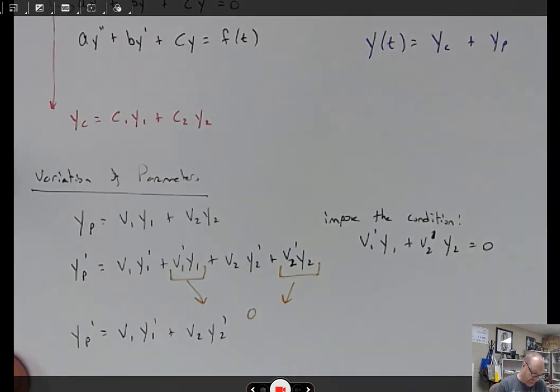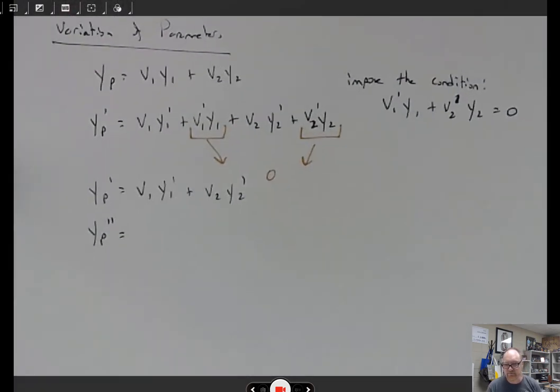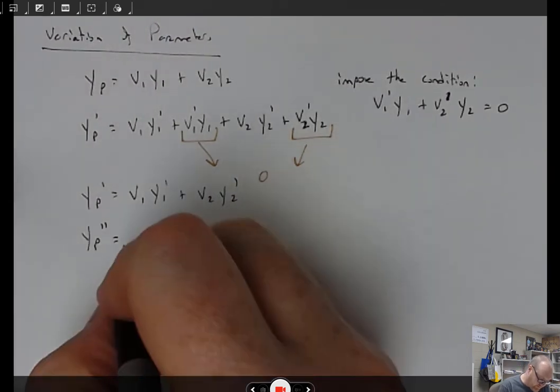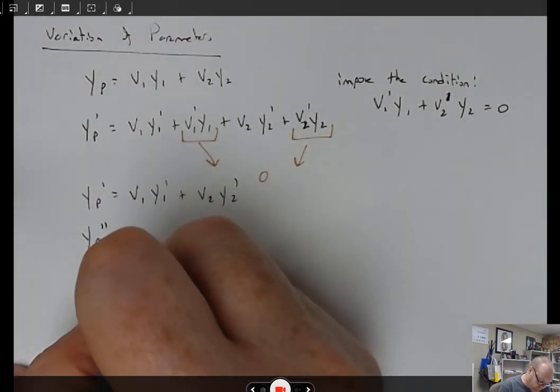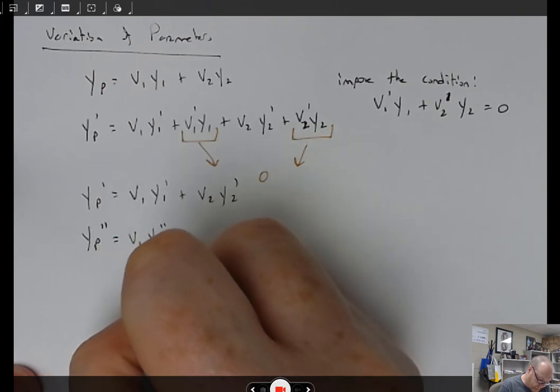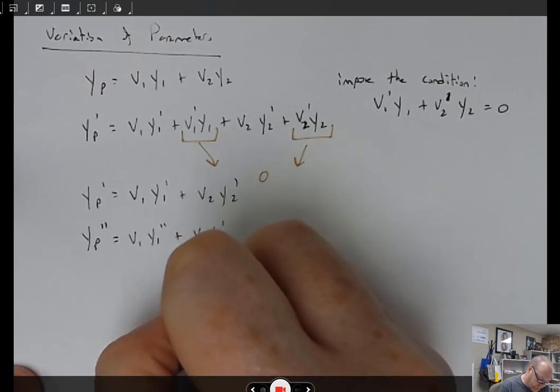And then if I take the second derivative, again, several product rules going on. So let's see if we can sort through them. So I have first derivative of the second plus the second derivative of the first.